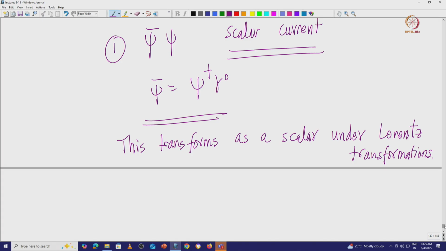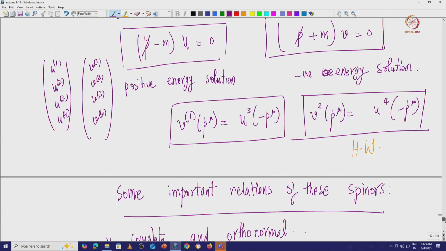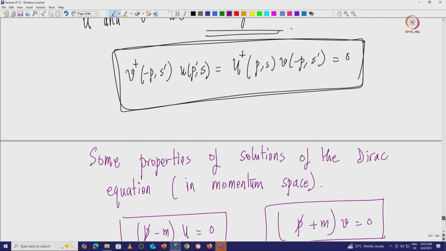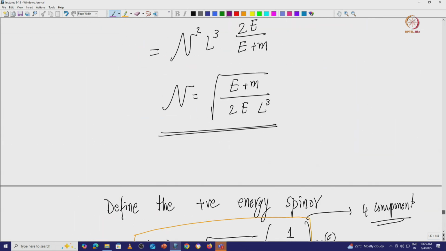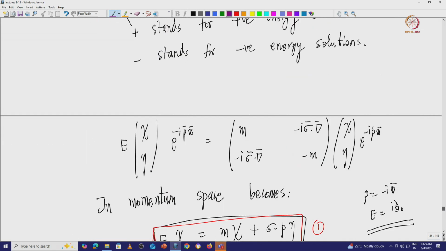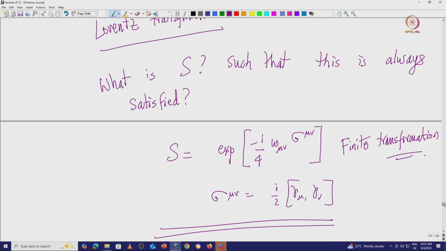Another way to check is with the transformation matrix S which we introduced some time ago, S is the exponential of i gamma mu nu omega mu nu sigma.